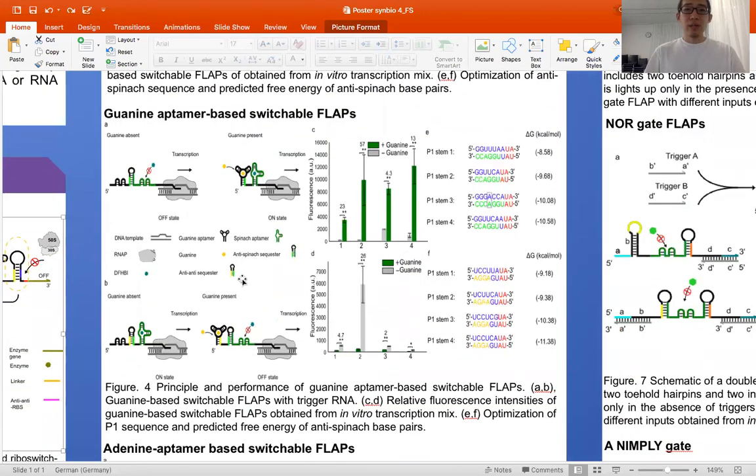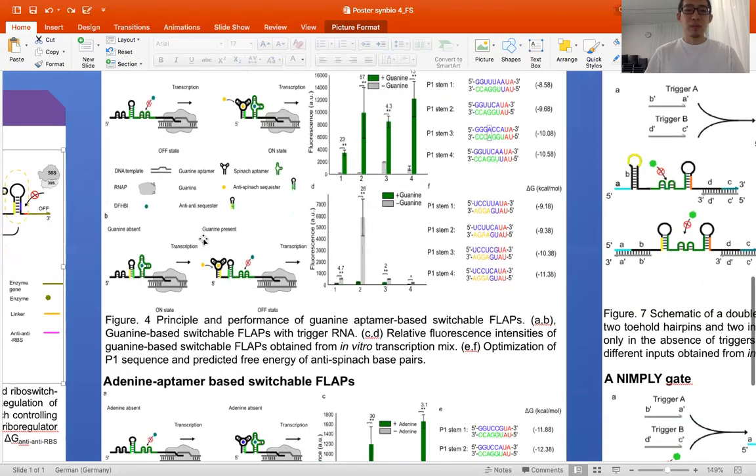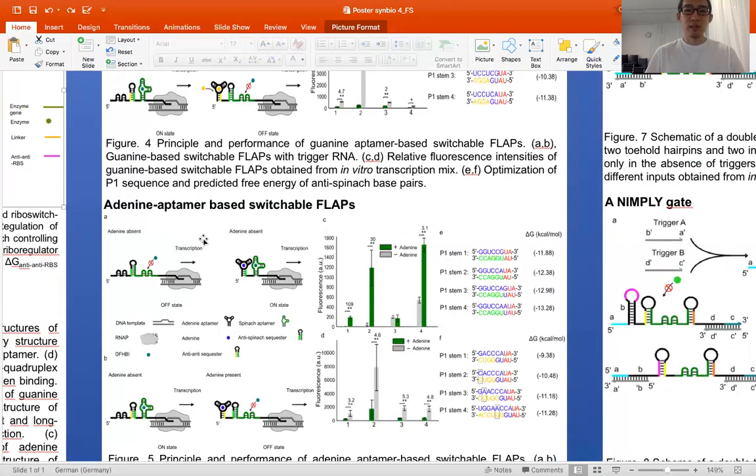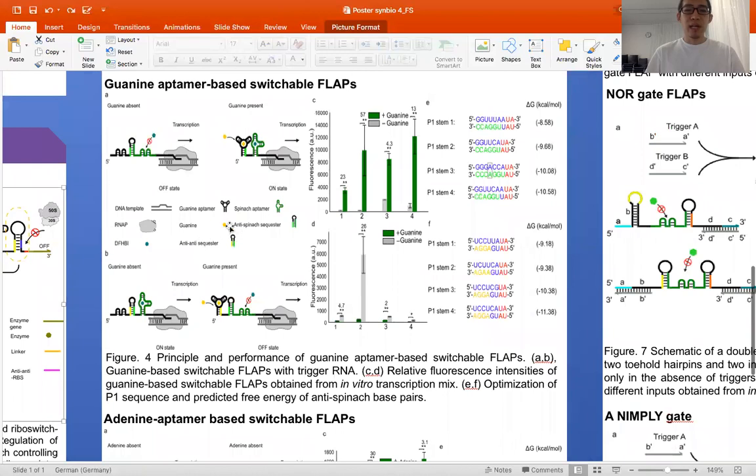We also try to use modified guanine and adenine aptamers to control the folding of the spinach aptamer through the combination of the above anti-spinach sequence and the modified P1 stem. We tried to develop 2 activators and 2 repressors, which can be regulated by adding a certain concentration of the ligands.